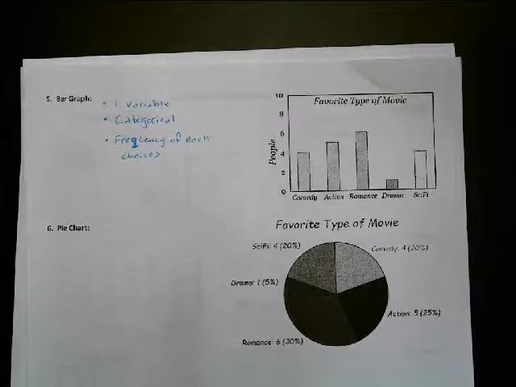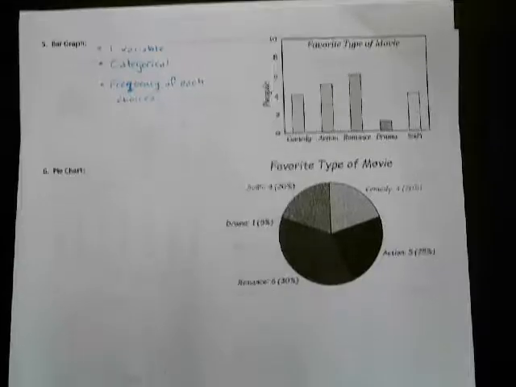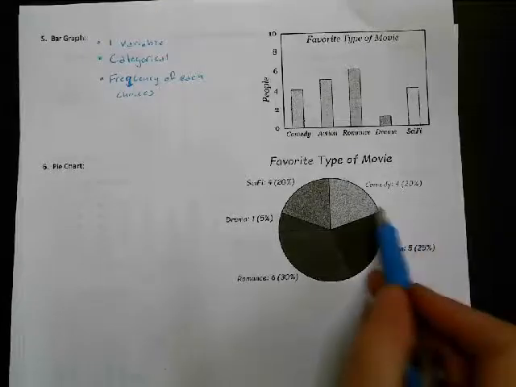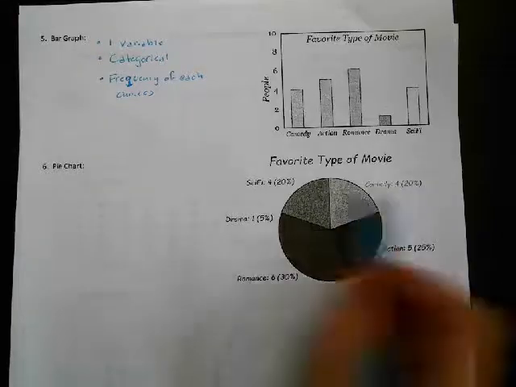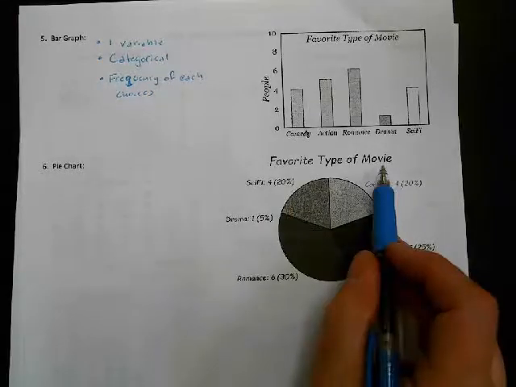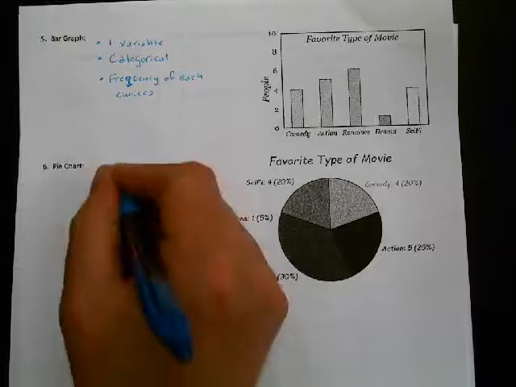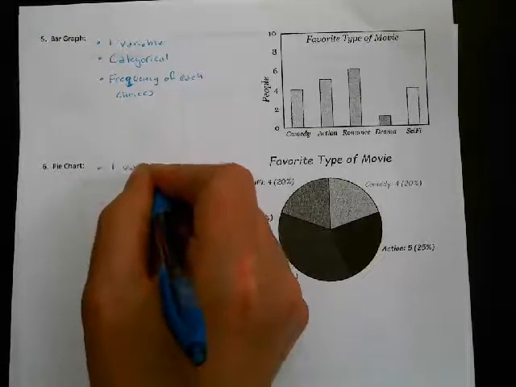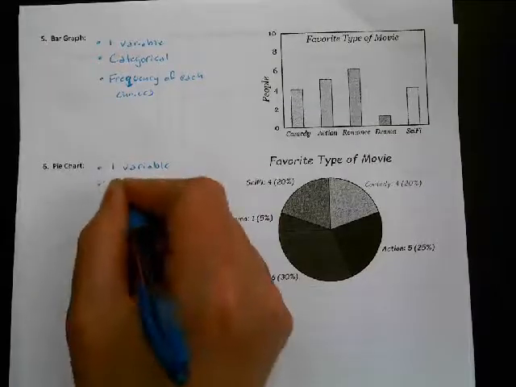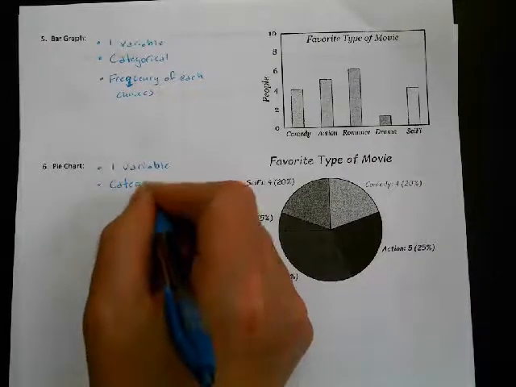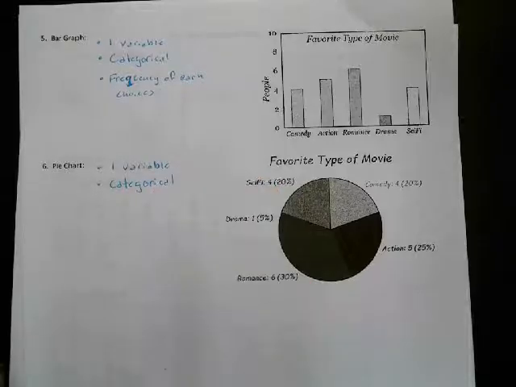Last one, pie chart. So here we've got our pie chart. Again, we're seeing that it's one variable. It's the favorite type of movie. So one variable. And this is also, of course, categorical. The big difference on this one is we're looking at percentages instead of frequency.